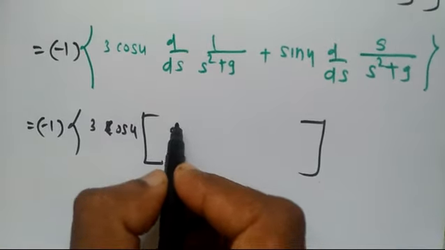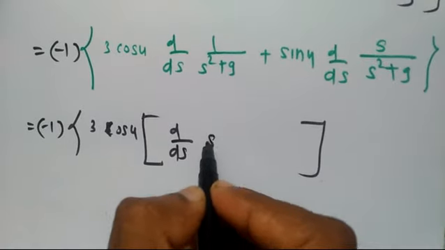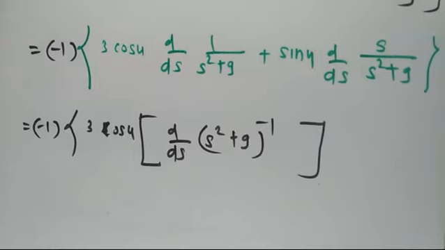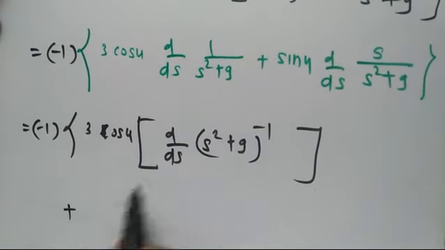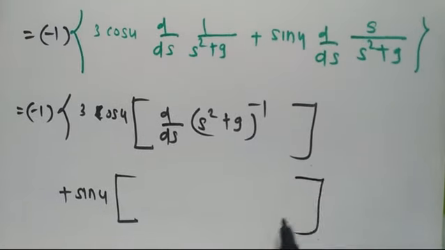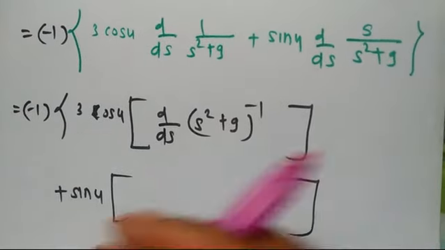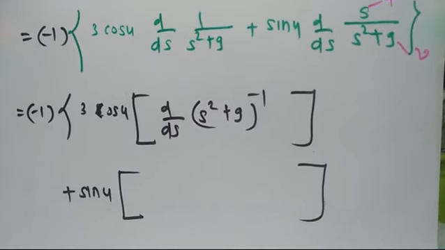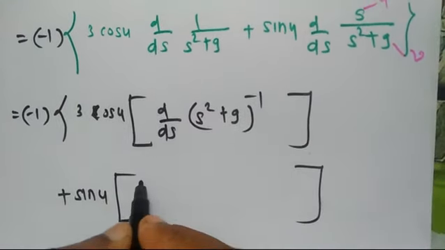How will we find its derivative? D by ds of s square plus 9 to the power minus 1. Okay, plus this sine 4 is a constant. How will you find its derivative? Call this u and this whole term v. Apply the u by v rule. What is the u by v rule?